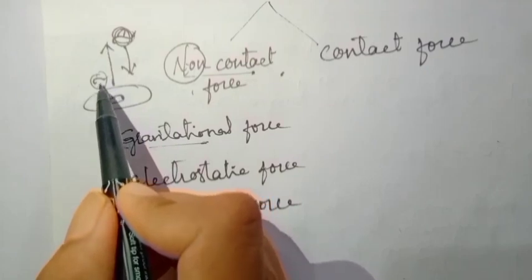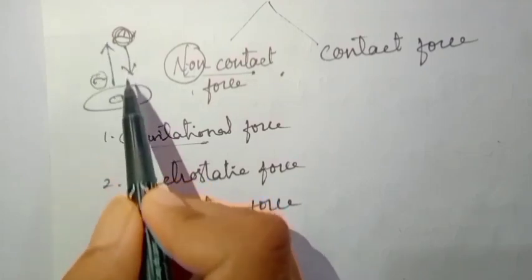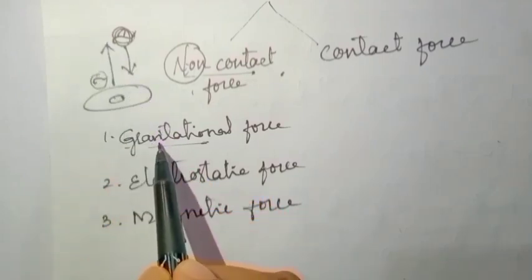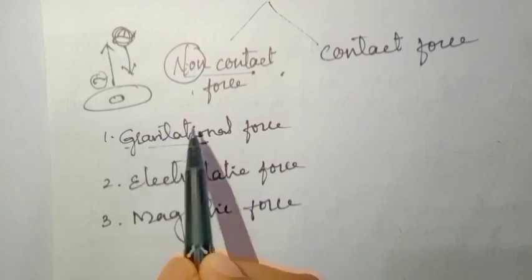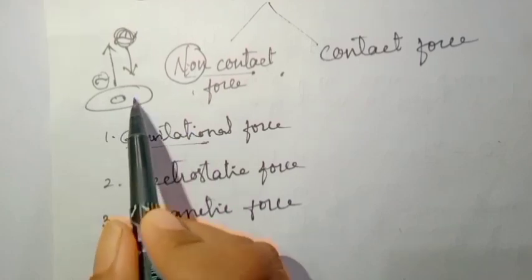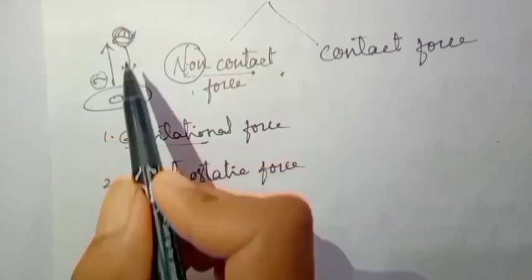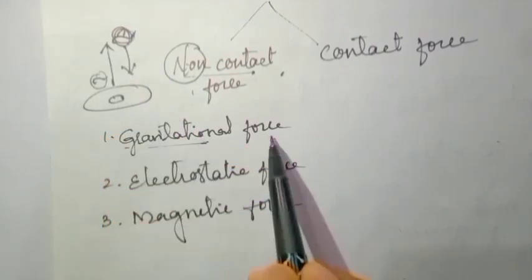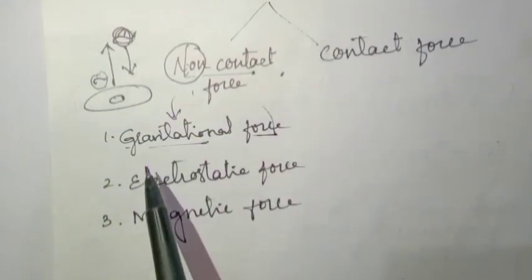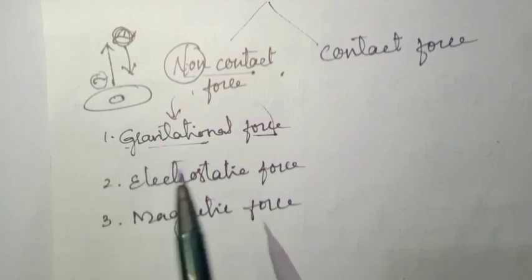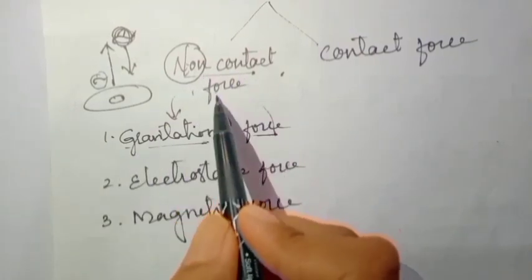And when the ball is coming back, is it in contact with the ground? No. There is no contact between the earth and this ball, but still the ball is coming back because of this force. Which force is that? Gravitational force. Such kinds of forces we call non-contact forces.